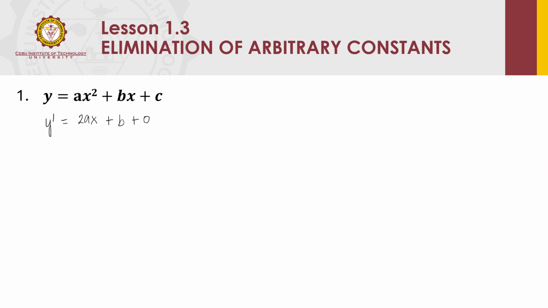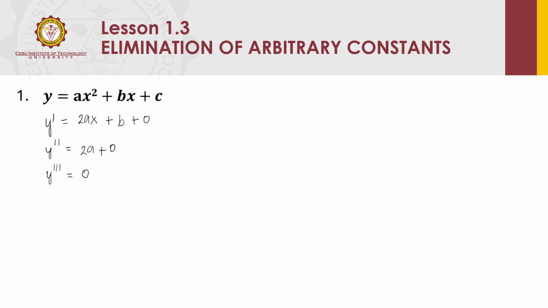Then the second term is a pure constant, so we can perform another round of differentiation to remove it. The second derivative would be 2a plus 0. If we do one more differentiation, getting the third derivative, then we can eliminate the a term, since there's no variable multiplied to it, so its derivative is 0.